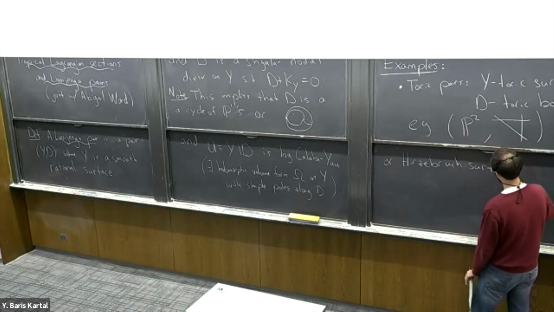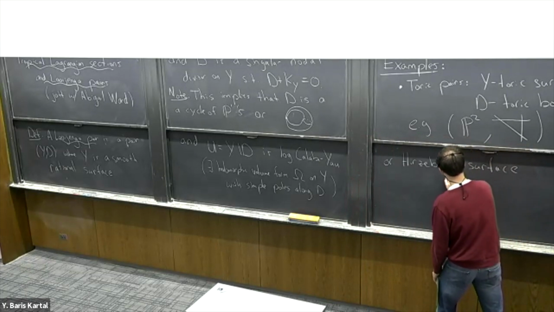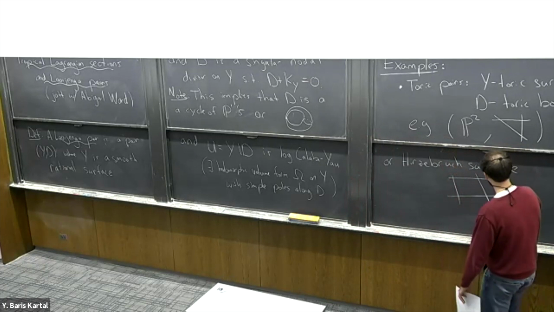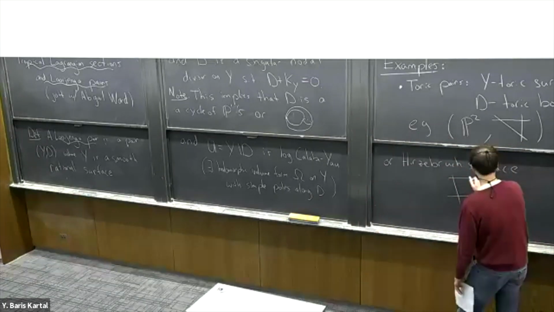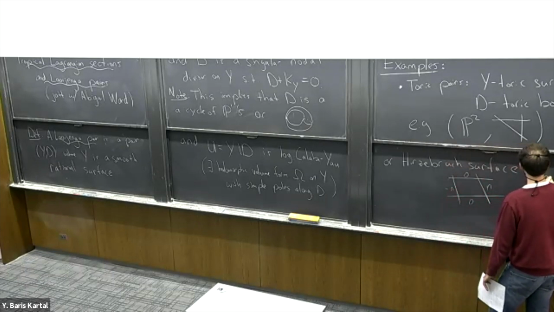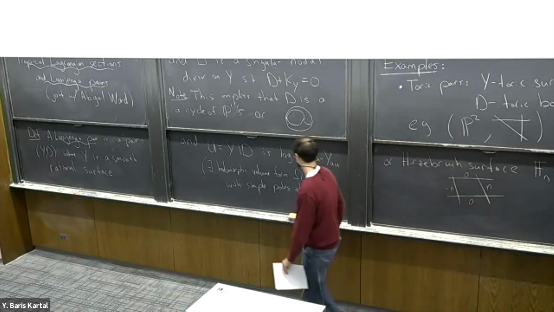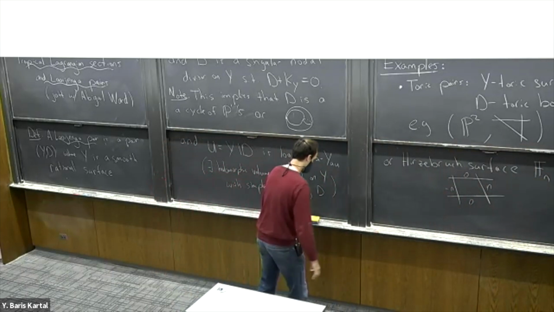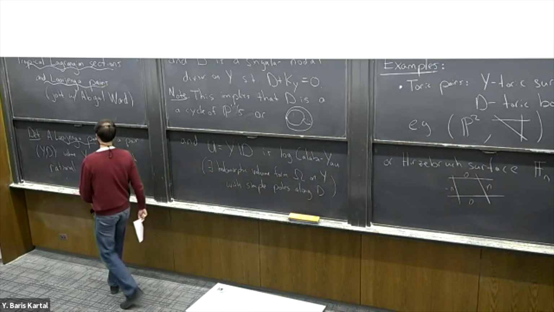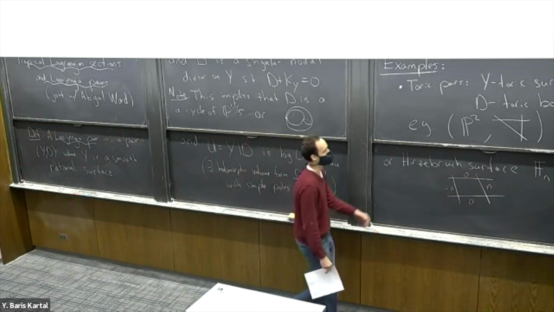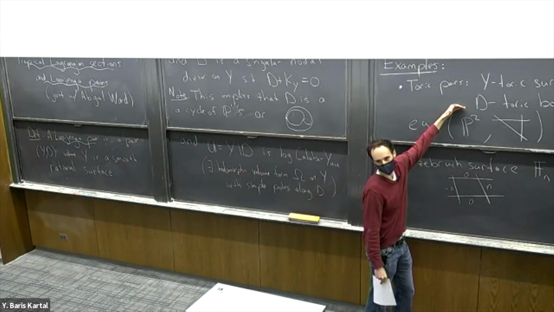Here I have 4 P1s in the boundary, and the self-intersection numbers are 0, 0, n, and minus n. I just mean that it's birational to P2. Of course for all toric things, once you remove D, you just have C star squared.